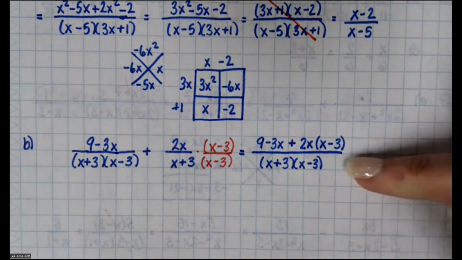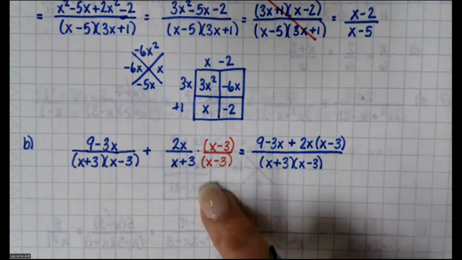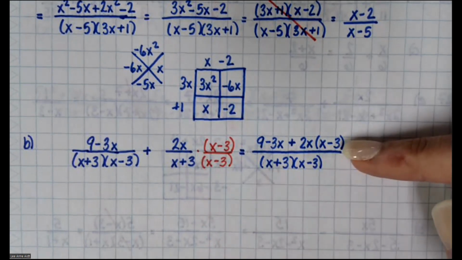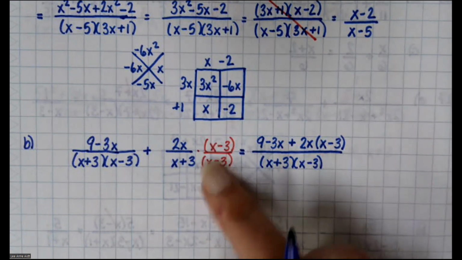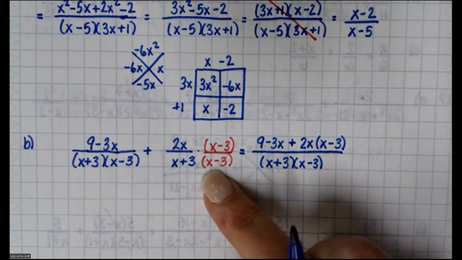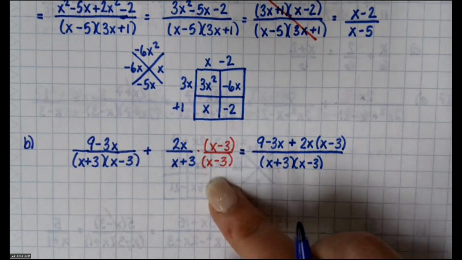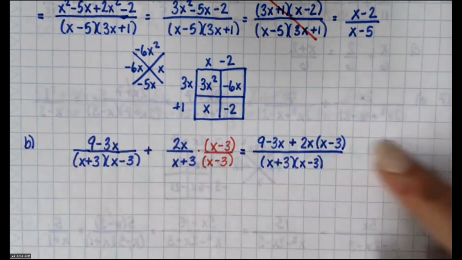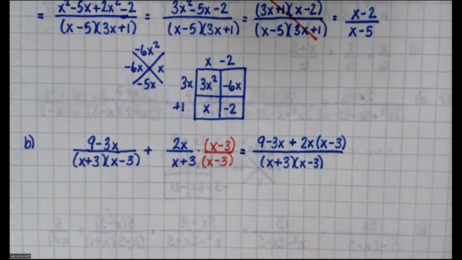Okay, how are you guys with this to here? So figuring this out, there's a missing x minus 3, multiply by a giant 1, and then adding across the top, the bottom stays the same.